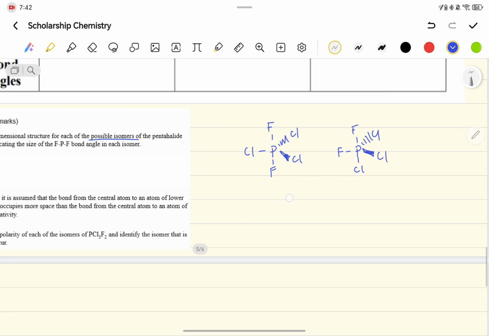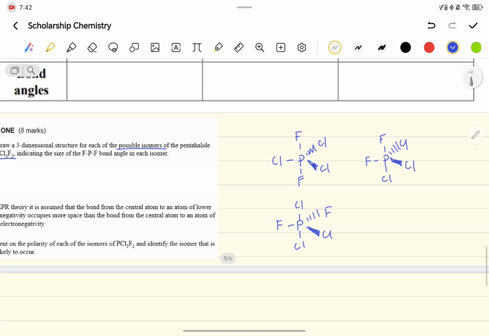The last possible isomer will be none of the chlorine or fluorine atoms occupy the axial position, and the rest that hasn't been said goes around it.